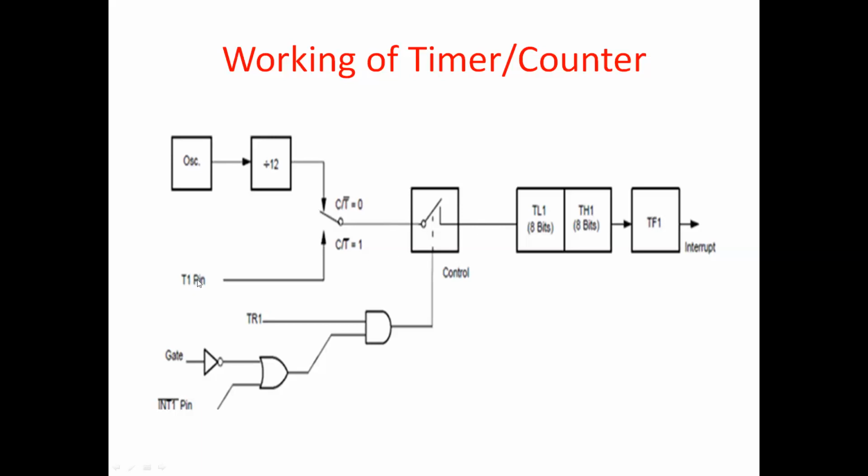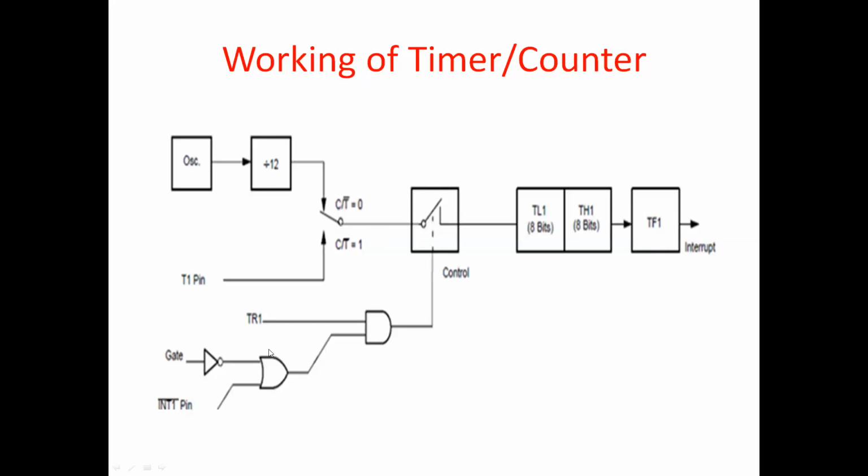If the source is a pin, we call it a counter. Whenever this counter value overflows, meaning all bits become ones, then for the next clock pulse it starts counting again from 0. That event we call overflow. When overflow occurs, this TF bit becomes 1.